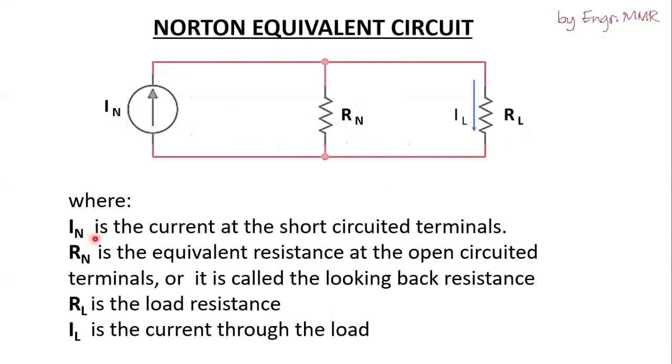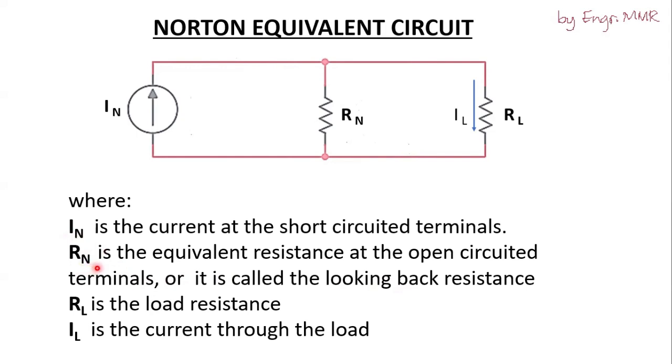What is IN? IN is the current at the short-circuited terminals. RN is the equivalent resistance at the open-circuited terminals, or it is called the looking back resistance. You notice that we have the same definition of the RN in Thevenin's theorem.